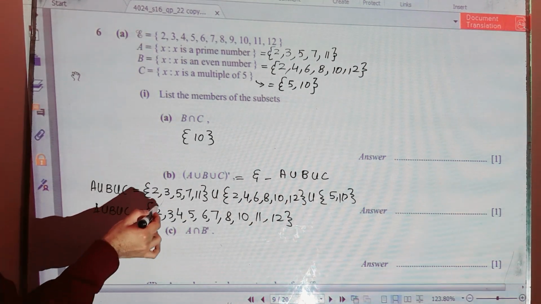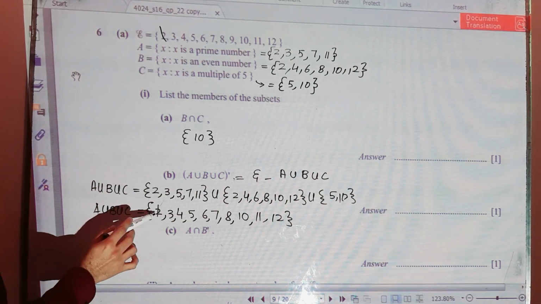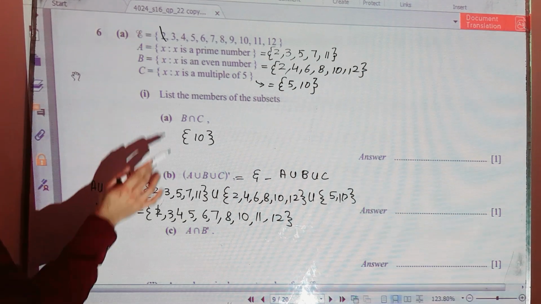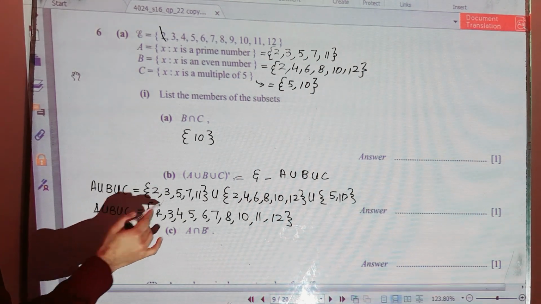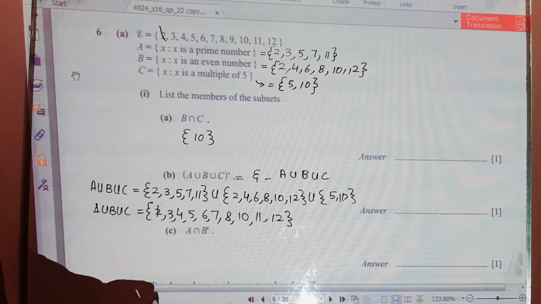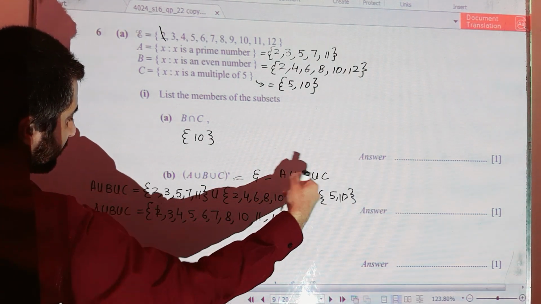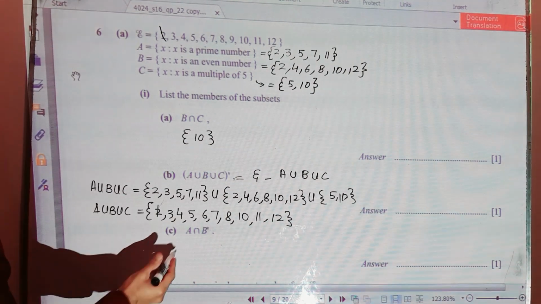Start cancelling: 2 and 2 will be cancelled. So this is the universal set E. Cancel the same elements in E and A union B union C. So that is the complement, E minus A union B union C. You are basically excluding the elements of A union B union C from E.